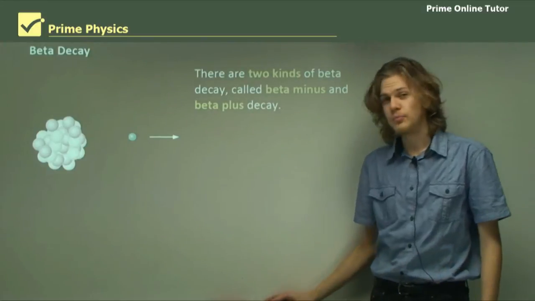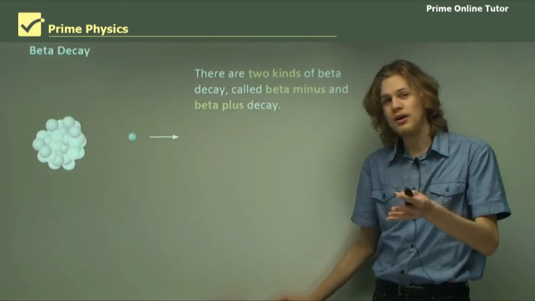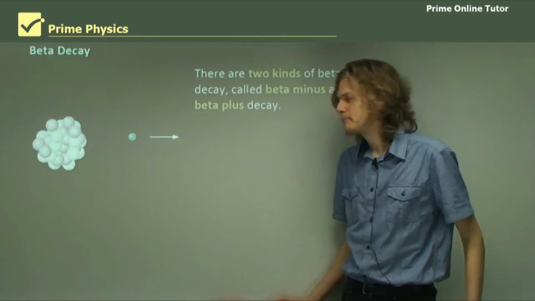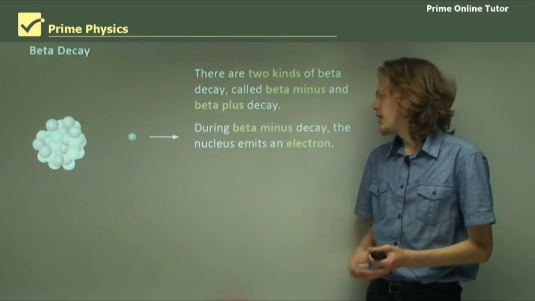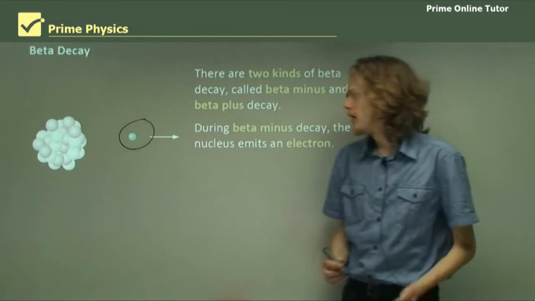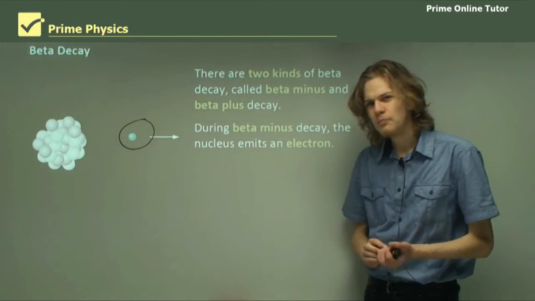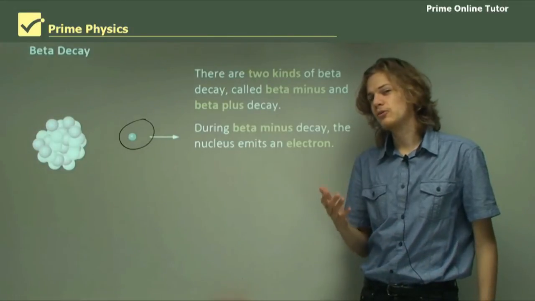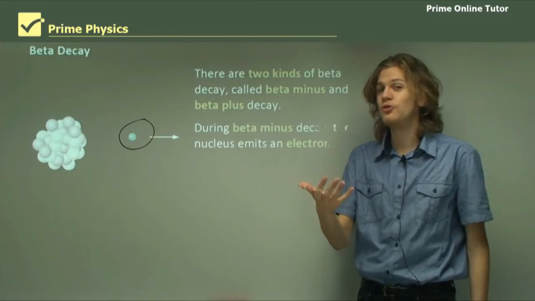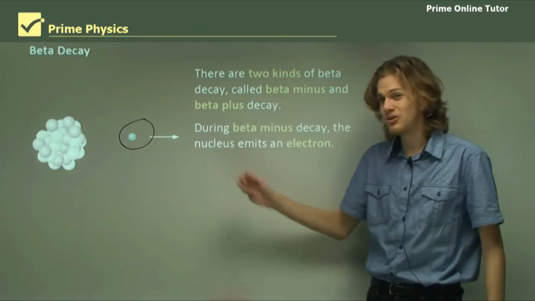So there are 2 kinds of beta decay, beta minus and beta plus decay. Both of them look roughly like this though. During beta minus decay, the nucleus emits an electron, which is odd because we don't generally think of electrons coming from the nucleus. We think of them being separate to the nucleus. So something odd is going on here.